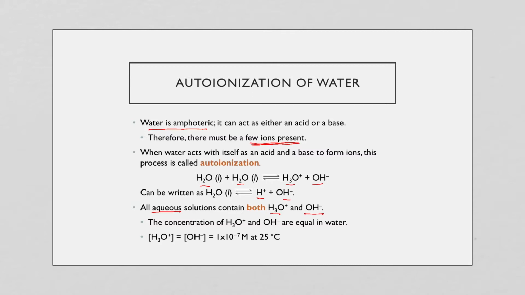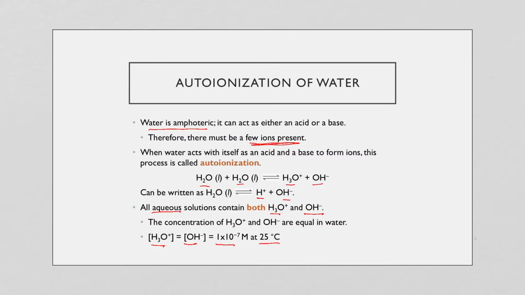So if you have pure water, of course, these values are equal because every time you generate one, you generate the other. And so in pure water, the hydronium is equal to the hydroxide, and it turns out that their concentration is 1 times 10 to the minus 7 if we're at 25 degrees. So for our purposes in this course, we're going to assume this concentration is good at whatever temperature we're at in terms of being close to ambient room temperatures, right?